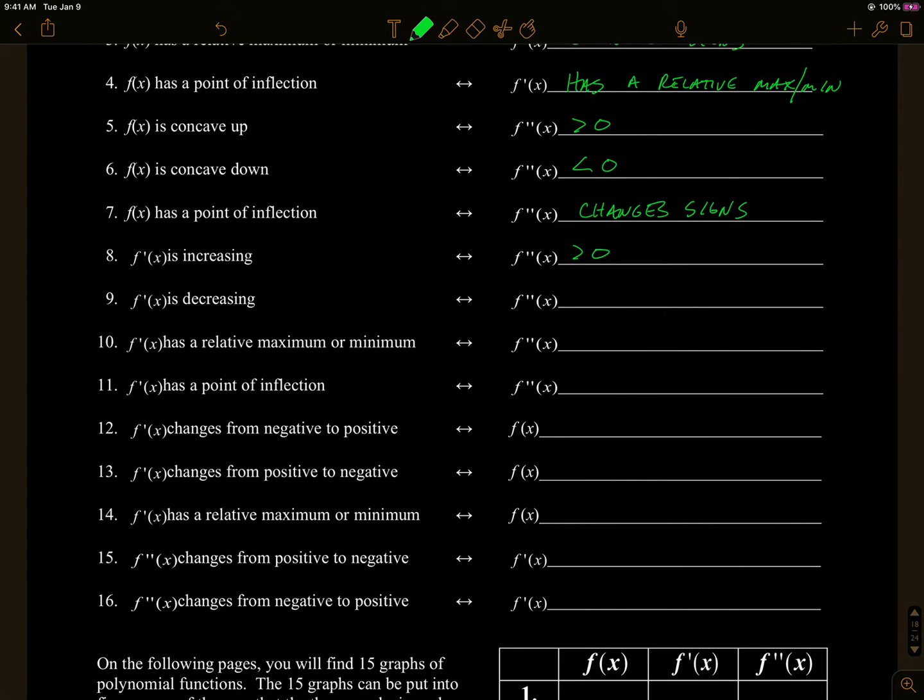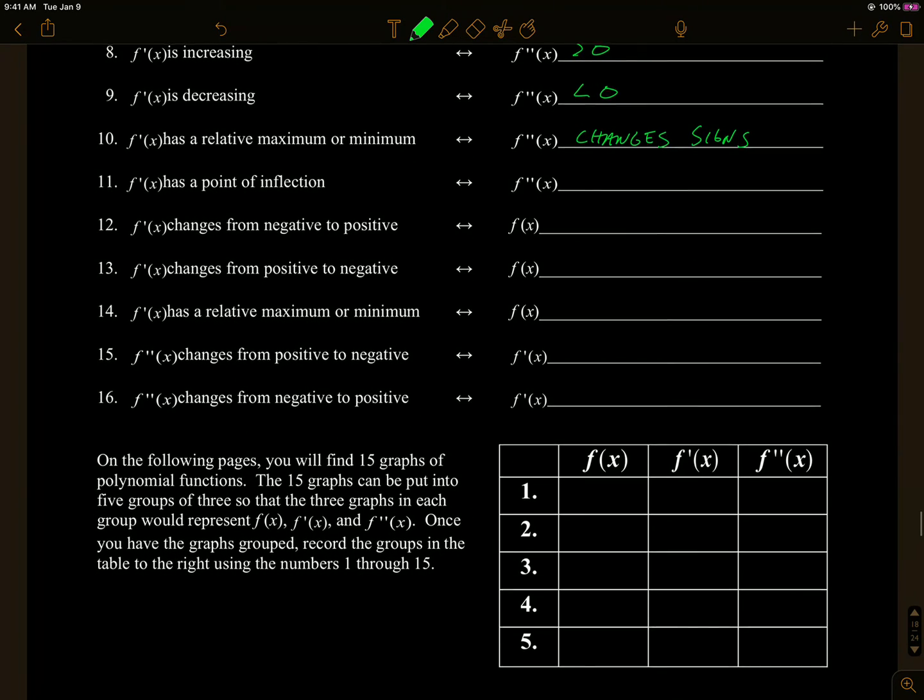So this is now the relationship, like these are one derivative away. So we know when the first derivative is decreasing, f double prime is negative. The first derivative has a relative maximum or minimum when the second derivative changes signs. Again, you got to say changes signs, not just crosses the x-axis.